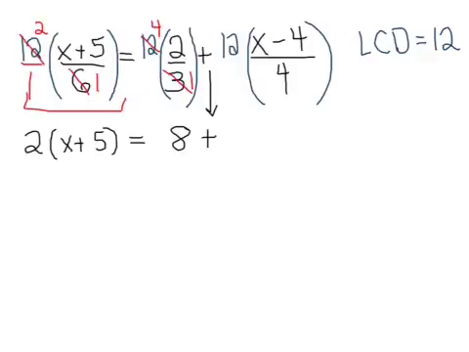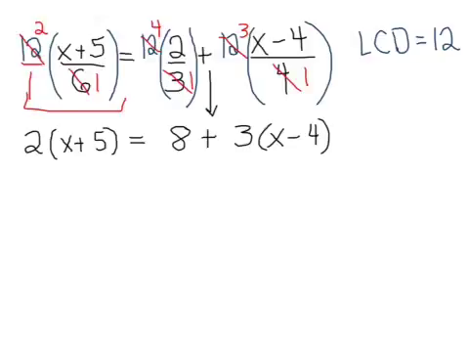And then lastly, we get to reduce the 12 and the 4 here. 4 goes into 4 once, 4 goes into 12 3 times, and then just bring down what's left, which again is just going to be the numerator parts. The 3 and the x minus 4. Notice I brought down the parentheses as well. That's going to matter because in the next step I'm going to need to distribute over those parentheses.